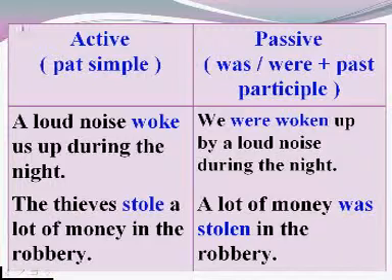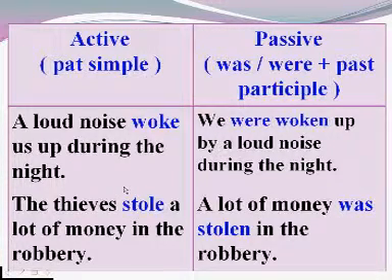Okay, so we remind you of the rule for past simple tense sentences. If in the active form we have a past simple tense, in the passive form we use either was or were followed by the past participle. So, examples: a loud noise woke us up during the night.